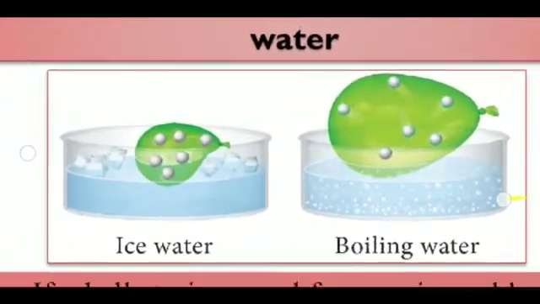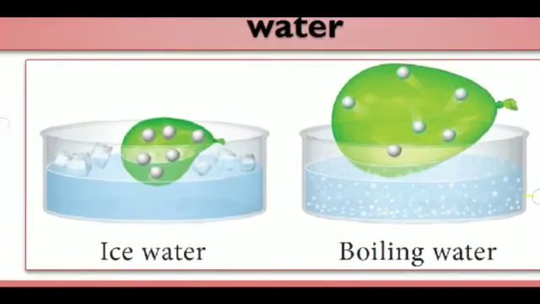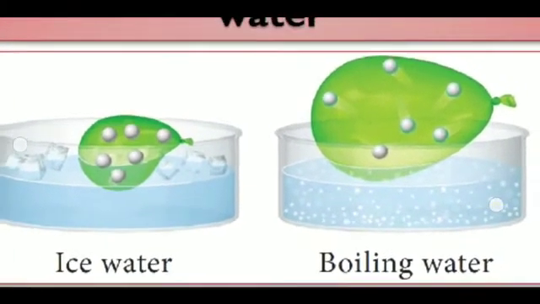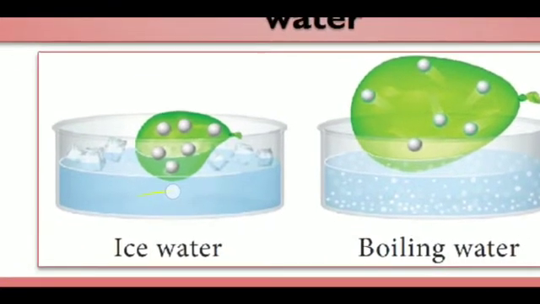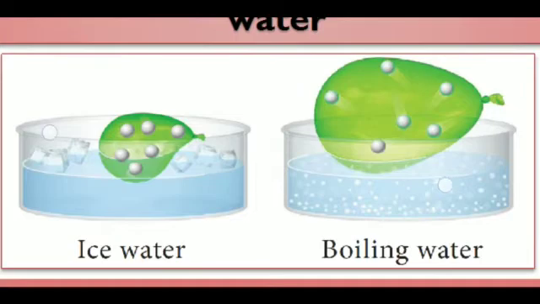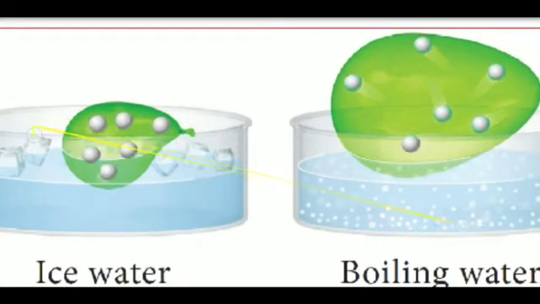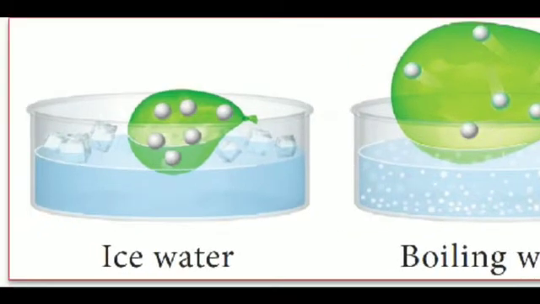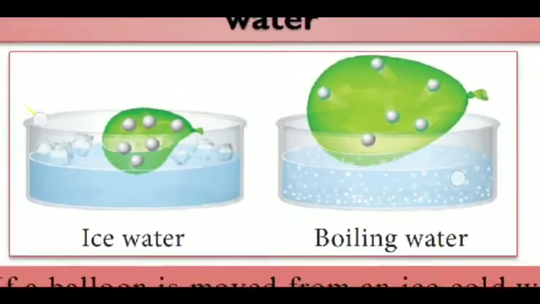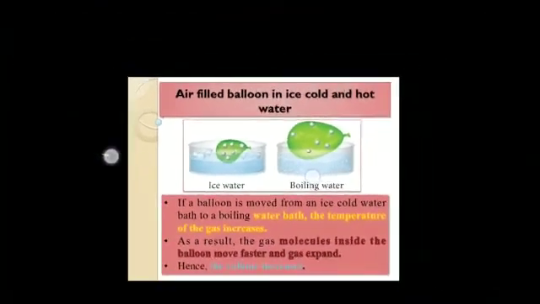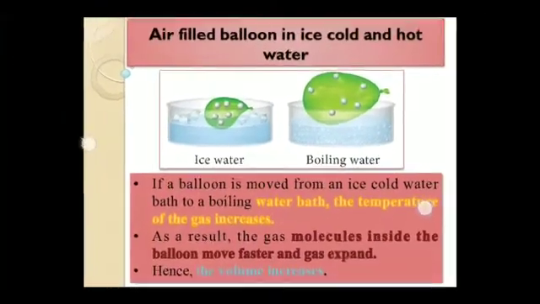First, the balloon in the ice water is very small, but the same balloon in the boiled water is very big. Compared to ice water, it is big, because of the expansion of the gas molecules. In ice water, the molecules are very closely arranged, but in the boiling water, they are arranged in a very expanded way. So there is increase in the volume.